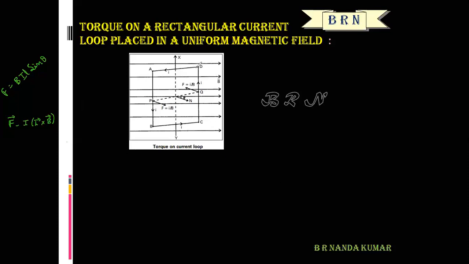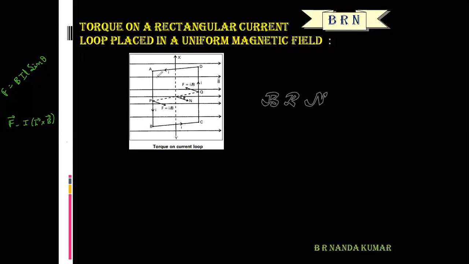Here the L vector is anti-parallel to the B vector. The angle between the L vector and the B vector is 180 degrees, so sine 180 is also zero. The force acting on side DA is also zero.